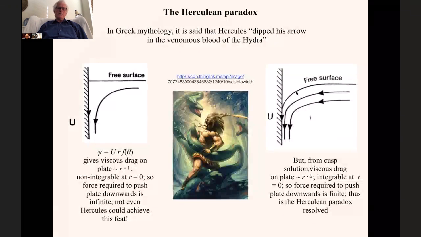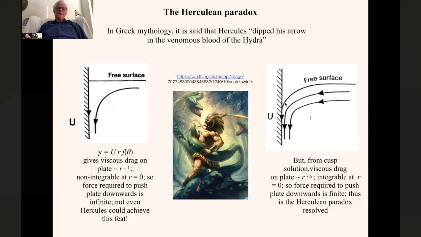And if we assume that it meets the plate now at a 0 contact angle, then we can use the cusp solution that we had before. And for that cusp, of course, this is just half of the cusp, which would continue here.